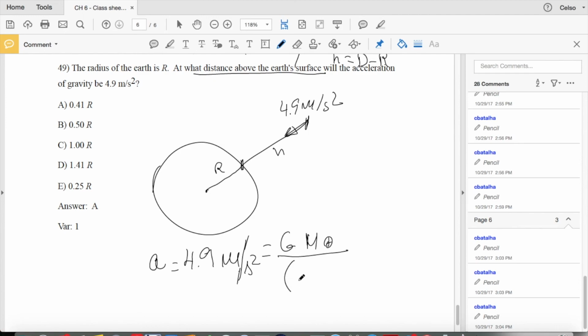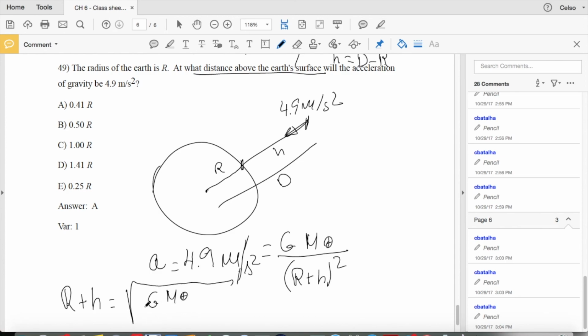You can put here d, which is this whole thing, r plus h, squared, and then you can solve. So r plus h is equal to the square root of G mass of Earth divided by 4.9, and then you can find your h.